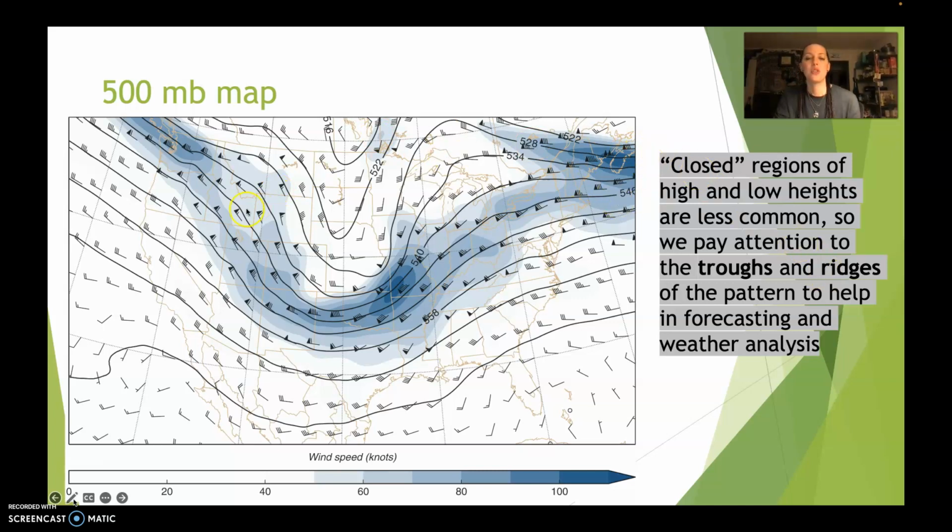So we try to pay attention to these troughs here, right? These downward parts of the wave, and then ridges, which in this case would be this upper part of the wave. So up here, this would be the ridge, this would be the trough. And this kind of pattern is super important when we're trying to do forecasting and any sort of weather analysis.